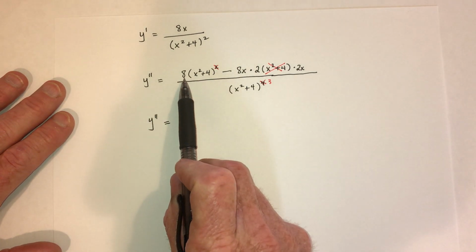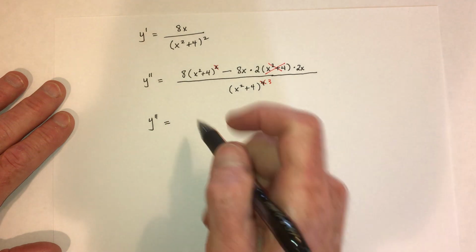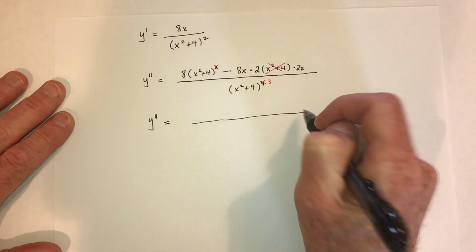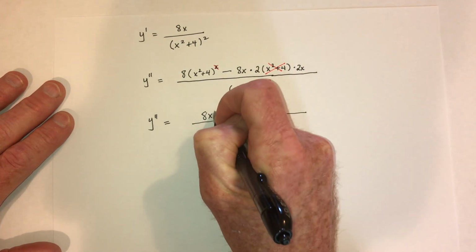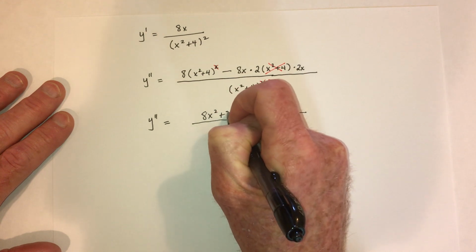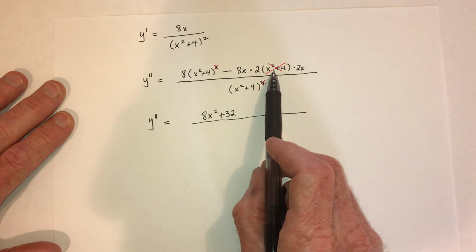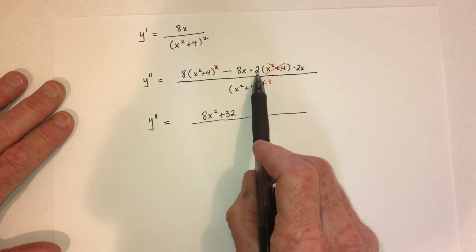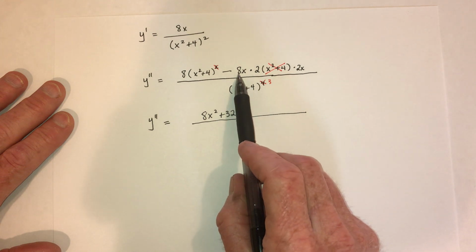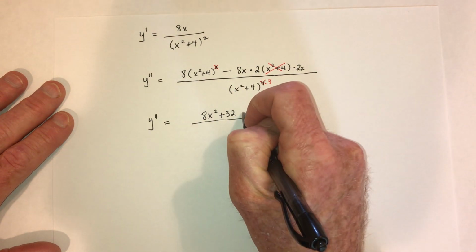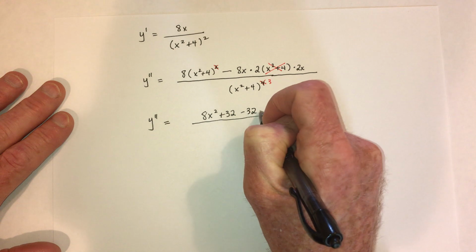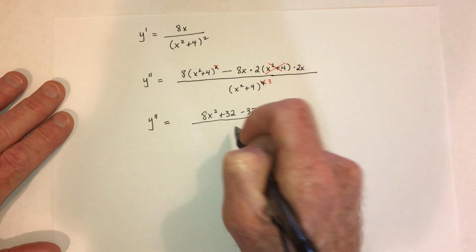So what's left? So if you distribute this 8, there's going to be 8x squared plus 32. This is gone completely, and then this one times that will be 4x, times this is 32, or minus 32x squared.